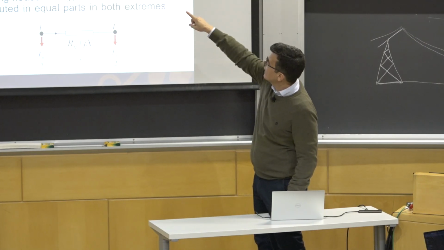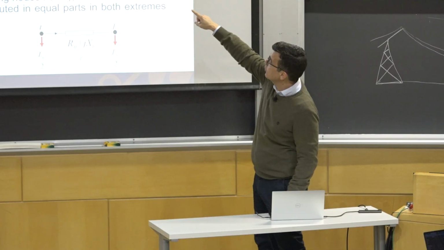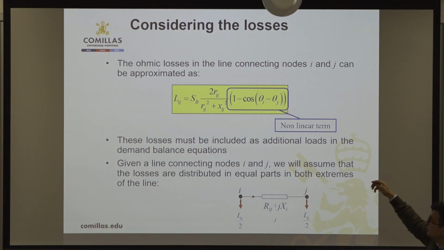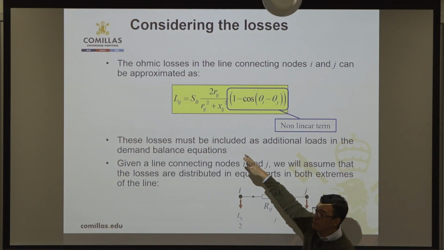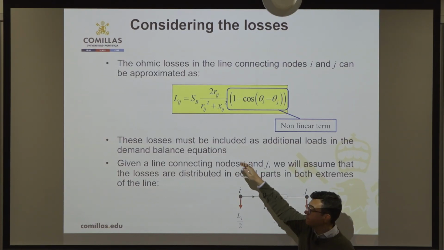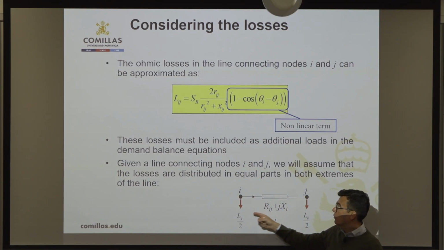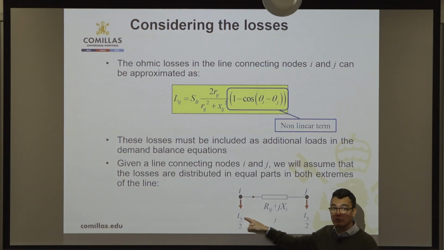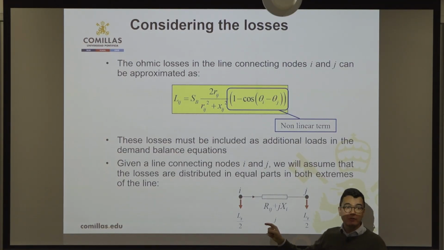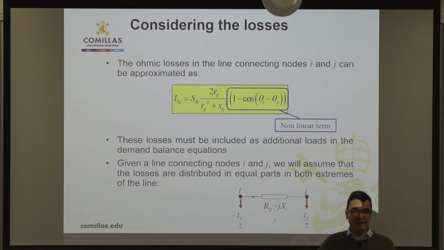As I said before, we have this loss expression here, which is nonlinear. One possibility is to assume that we are able to compute these losses and, whenever we have a line, assign half of the losses of the line to the extremes of the line, like extra load.